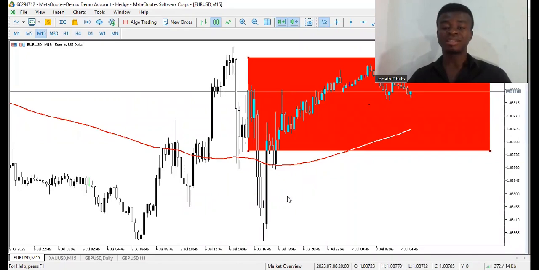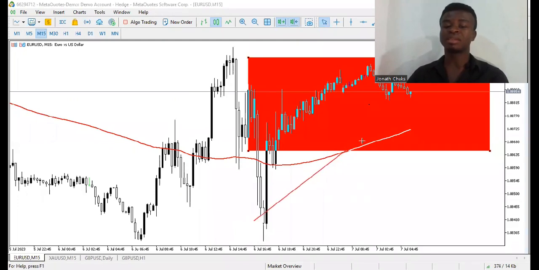So inside this internal market structure in 15 minutes time frame, see the same chart, the same Euro USD, the market is going up. You can see that it's pushing up, going up. It's just going up. You see that, guys?